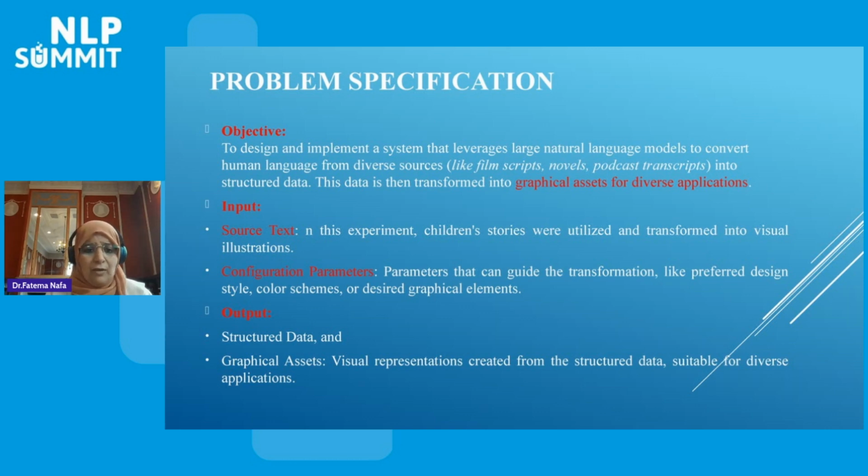And of course, we have specific parameters that can guide this type of transformation. The main output is that whenever the system reads the text, the text is converted to visualization. We will see that in the results part.